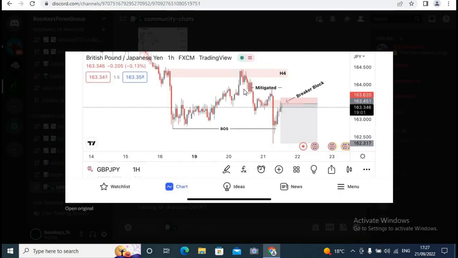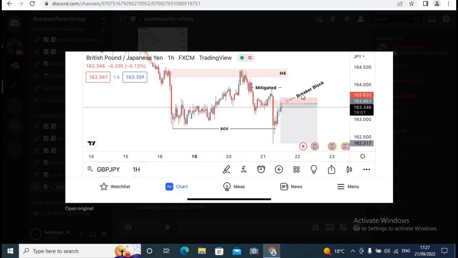So as you can see, this is my before. You can see I did it on my mobile phone, but you can see this is pound JPY, and you did have a supply. The price mitigated the supply level, which took out the first higher low, and as you can see, they did give us a nice correction to the supply, and they give us an imbalance going to the downside.